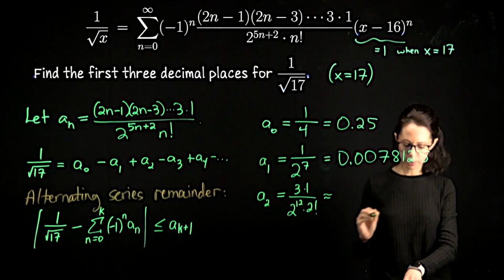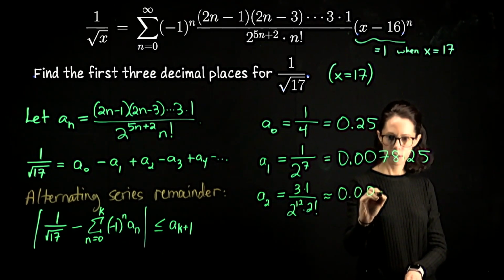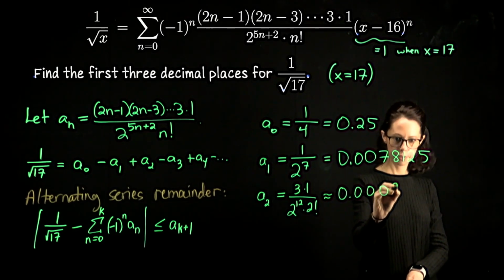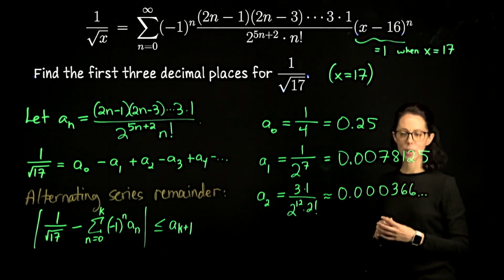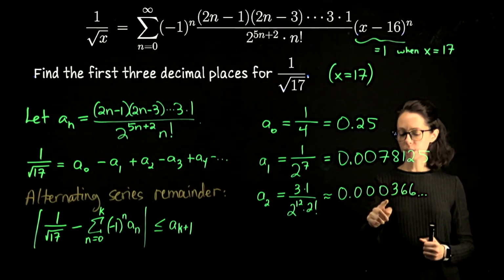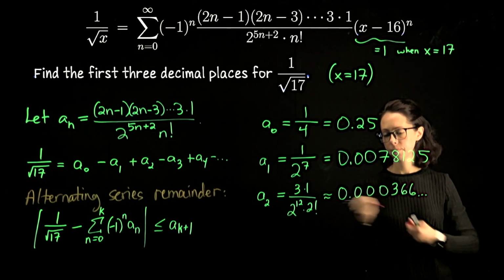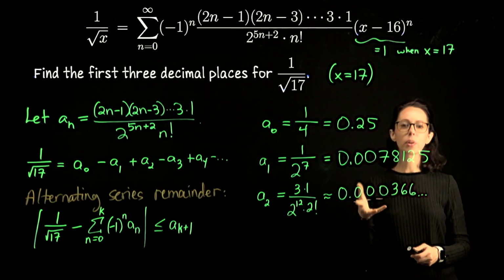And that is approximately 0.000366, I believe, assuming I can read my own handwriting here. Notice we have these 3 leading zeros. So the next term is going to be even smaller.